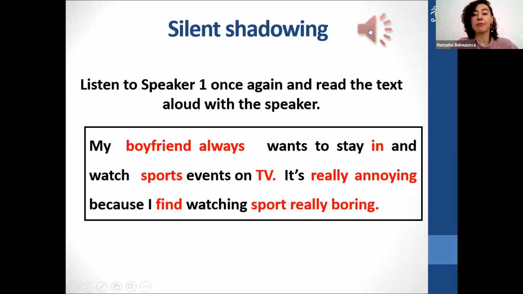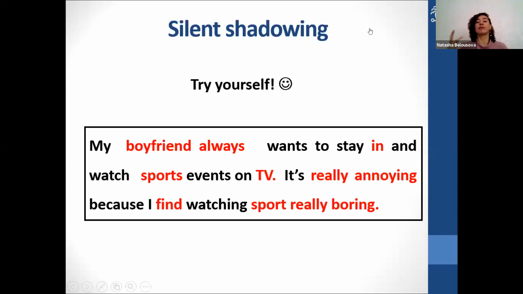okay? And finally, that's the final stage of silent shadowing and shadowing. You turn off the speaker and you ask the student to try reading aloud on their own without the speaker's voice, yeah, without anything.